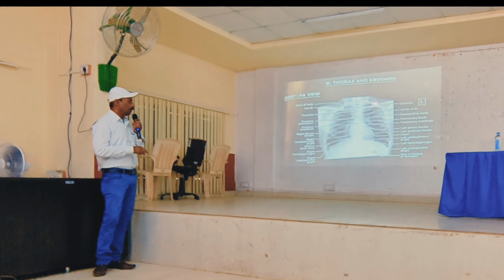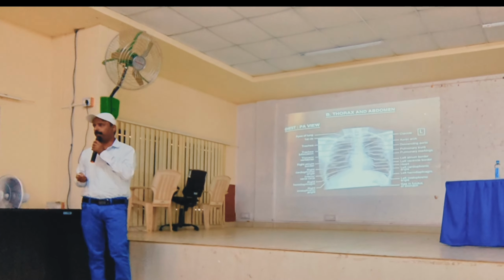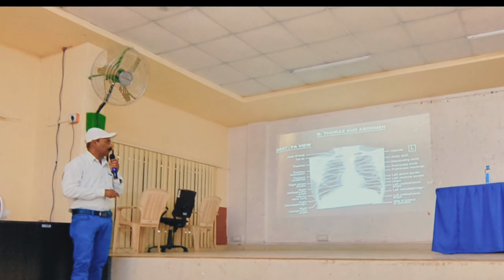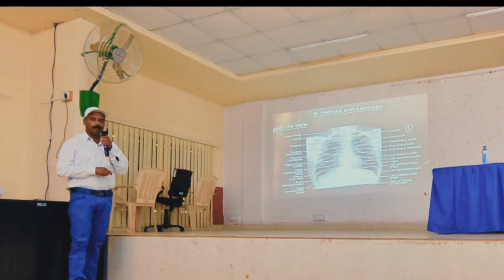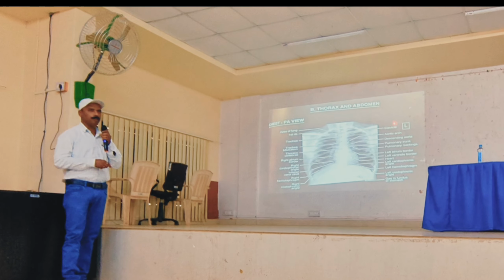So these right and left lungs you have to see, which we call the pulmonary images or pulmonary area. Next we are going to see the vertebral column. Then we have the bones, ribs, all that you have to find out in this.